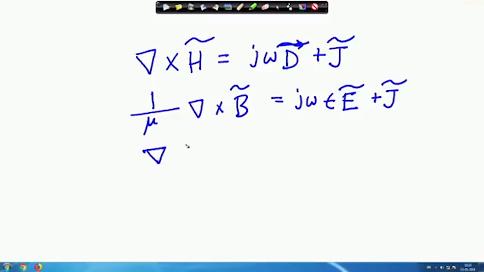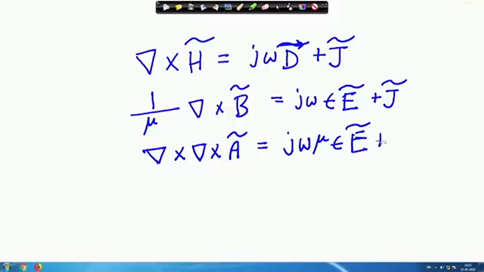So, here I will put the vector potential, magnetic vector potential in place of B. So, I will get j omega mu epsilon E, here I will put the scalar potential V.